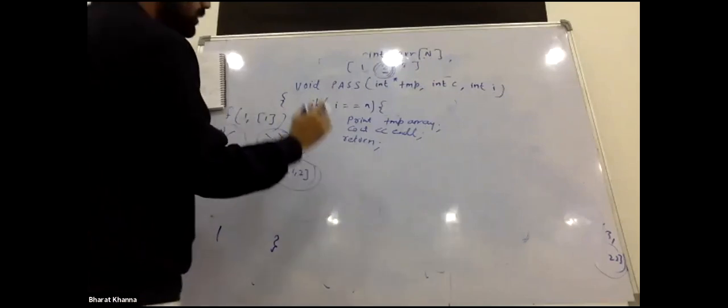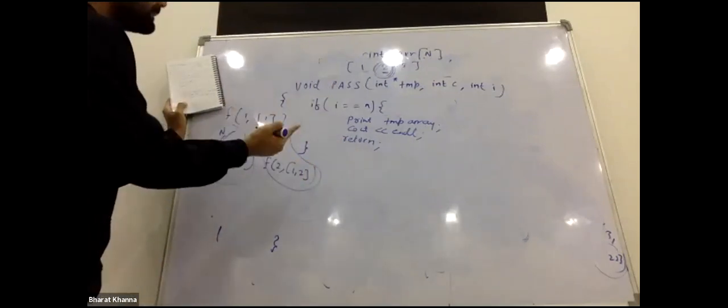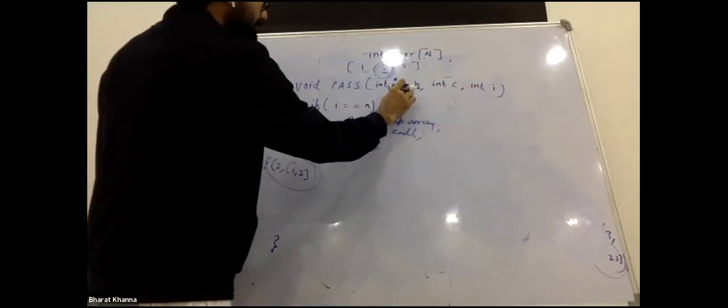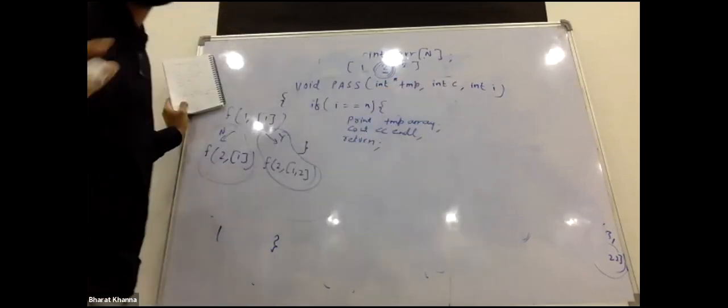For yes, what do I need to do? I need to put this element, which is my ith element, in my temporary array. So how do I do that? Which position will be empty? The Cth position will be empty.